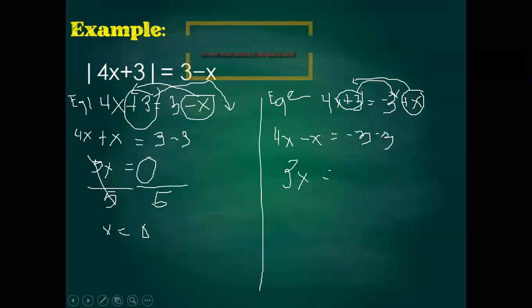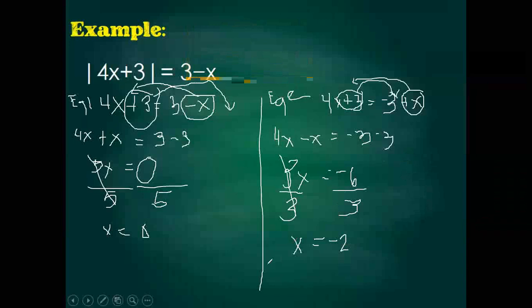Negative 3 minus 3. So same sign, negative 3, you need to add it. So copy the sign, negative. So 3 plus 3, 6. So the answer is negative 6. Divide both sides by 3. Cancel. So x equals negative 6 divided by 3. The answer is negative 2.